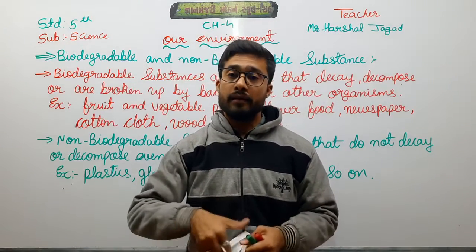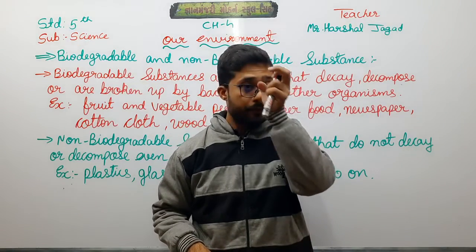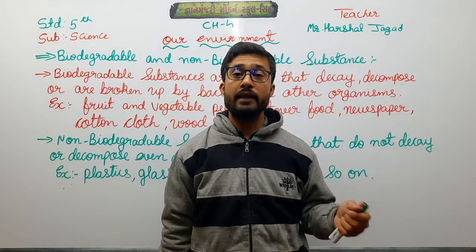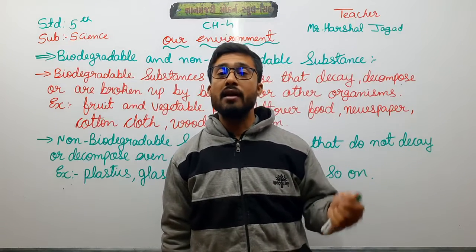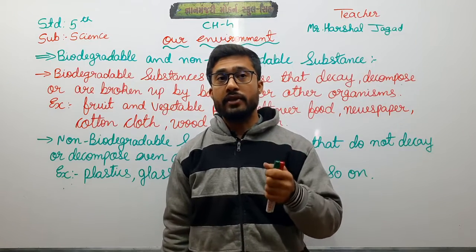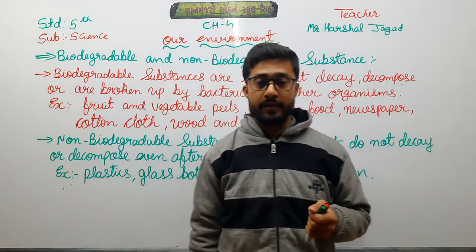So in some cities, they have two different types of dustbins. One is green, in which you throw the biodegradable substance, and blue or red, in which you throw the non-biodegradable substance.